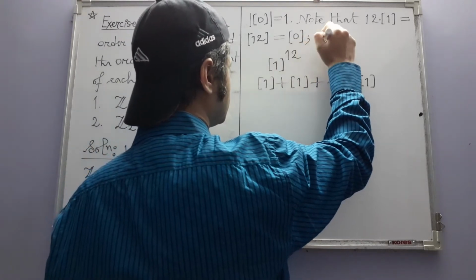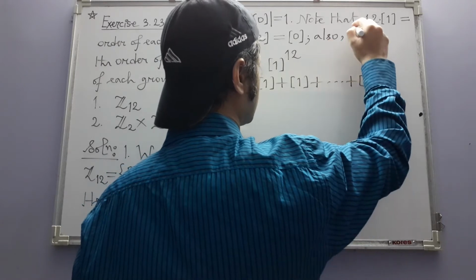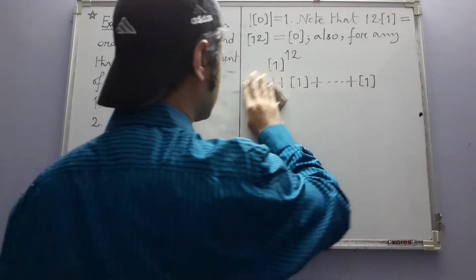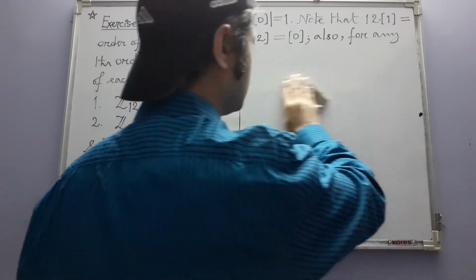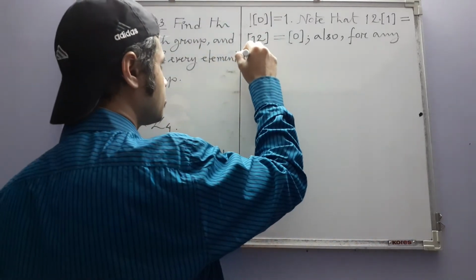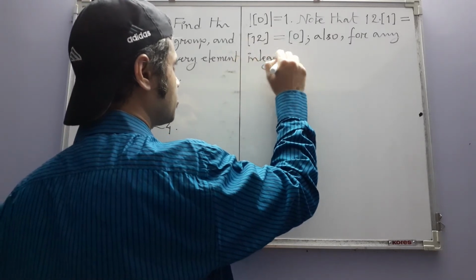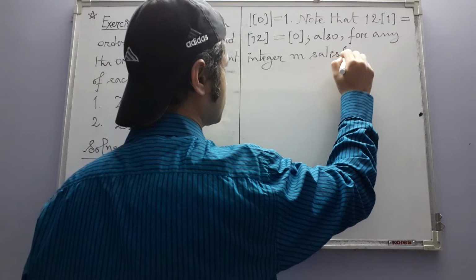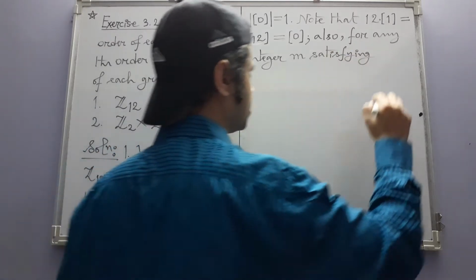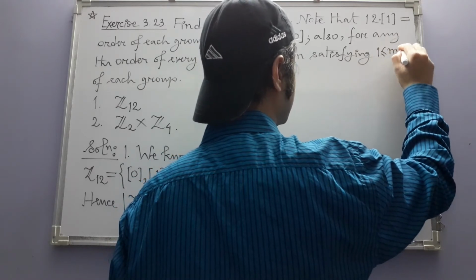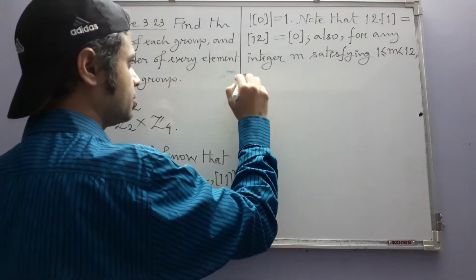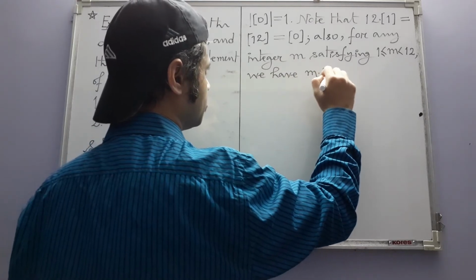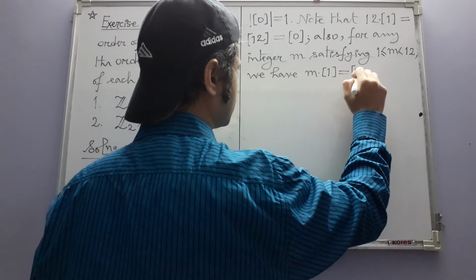Also, for any integer m satisfying this, that is, m is a positive integer and strictly less than 12, we have m times 1 equal to m.